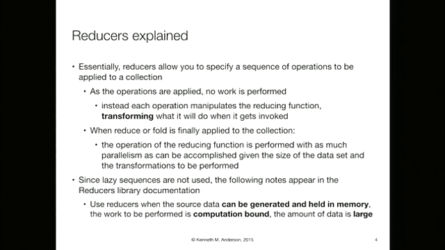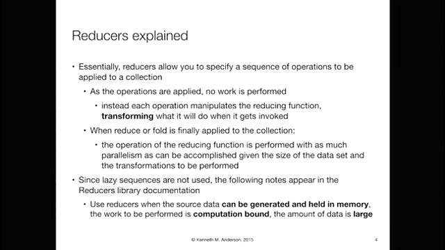So we're going to make all this kind of more real by just showing you a couple examples in just a minute. So this slide here kind of tries to step you through that. So basically, each reducer allows you to specify an operation that you can build up in a sequence. And as the operations are applied, no work is performed. Instead, it's considered a transformation function.